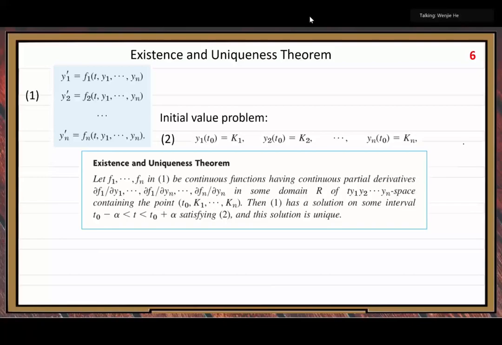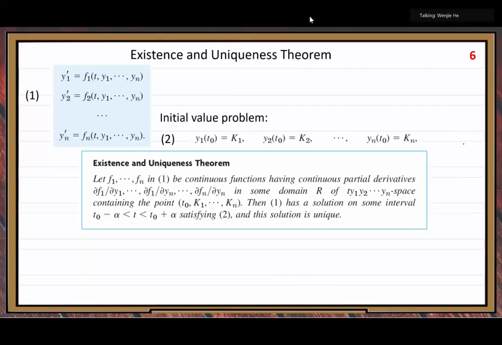We know non-linear functions could be very complicated. They can contain y1 squared, y2 cubed, y3 to the 100th. Very complicated, but don't worry, this theorem is still correct. Then the system 1 has a solution on some interval around that t.